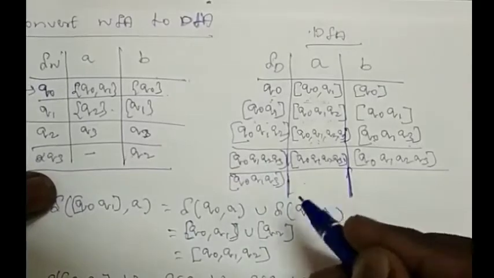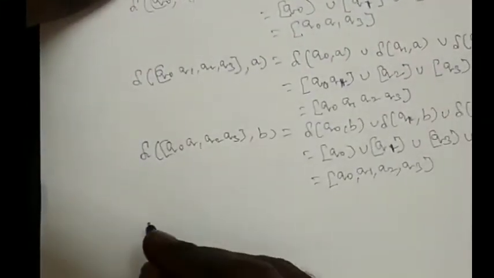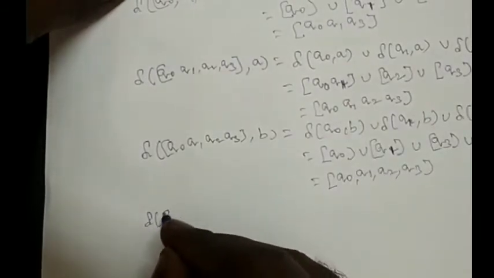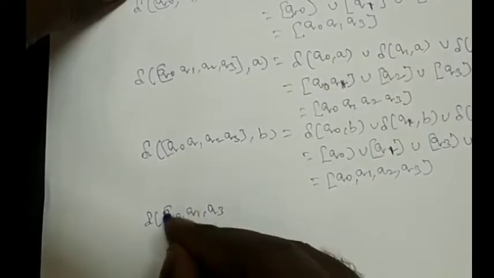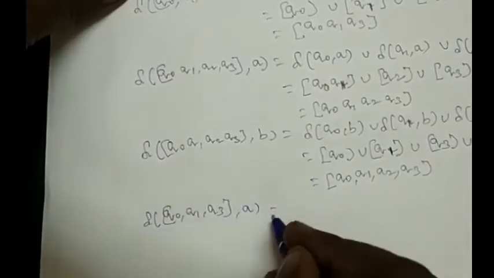Okay, when A is applied, so what we have to do? So I just go here. So delta of Q0, Q1, Q3. If I apply A, what happens?